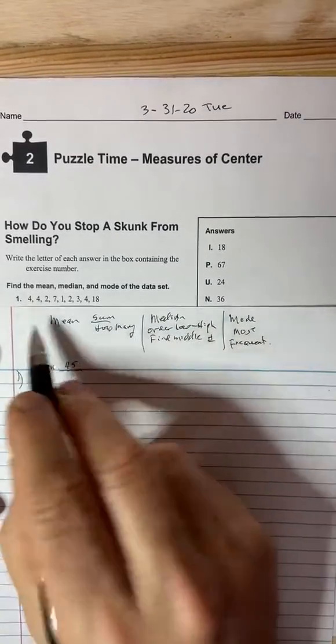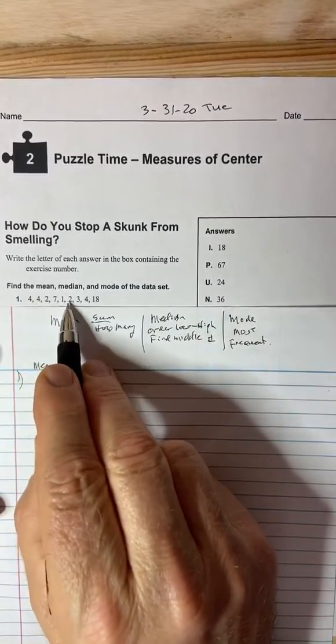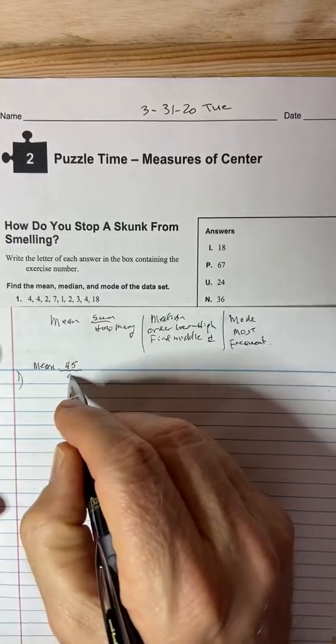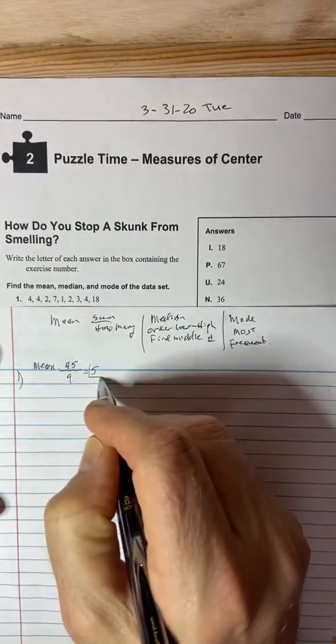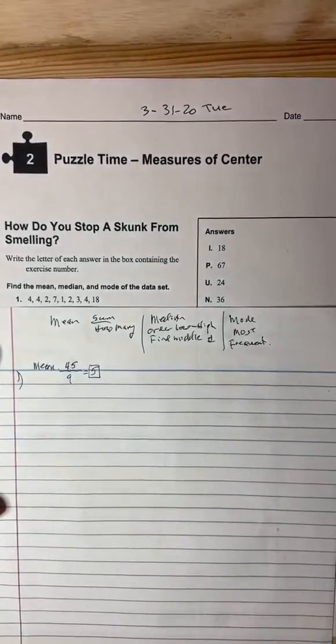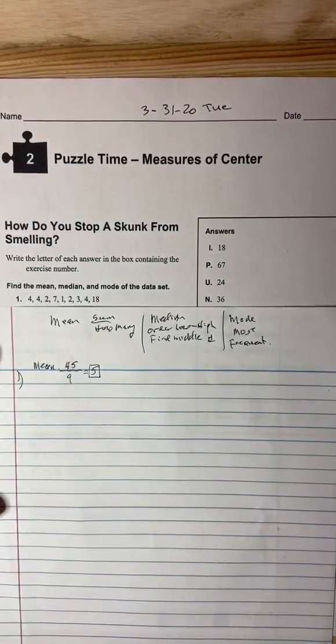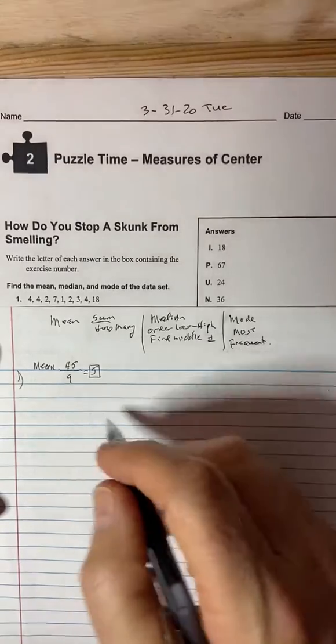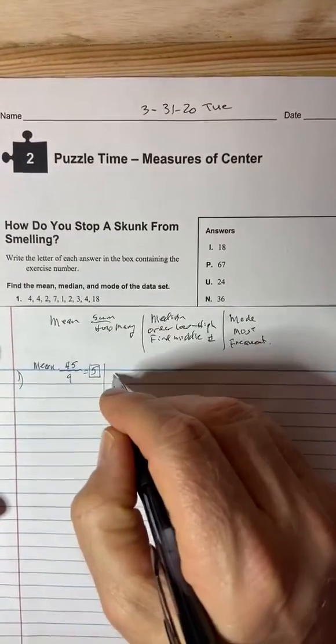Divided by how many? 1, 2, 3, 4, 5, 6, 7, 8, 9. Divided by 9 equals 5. These numbers look awfully familiar, but they're not. Okay.